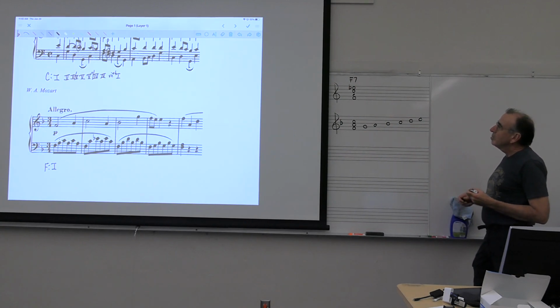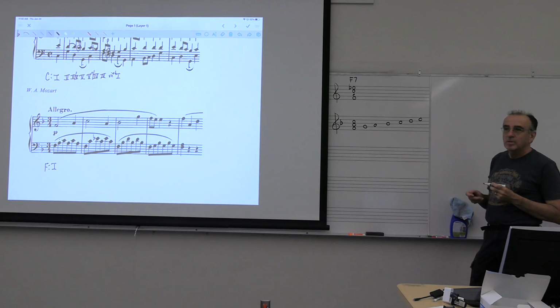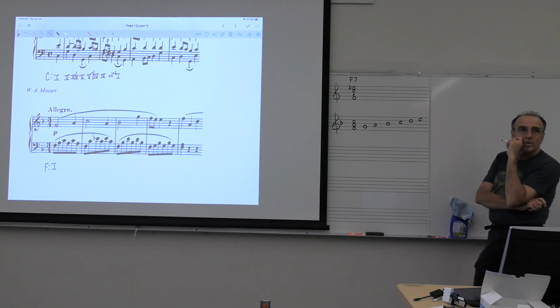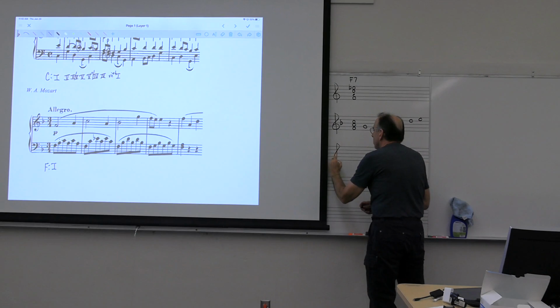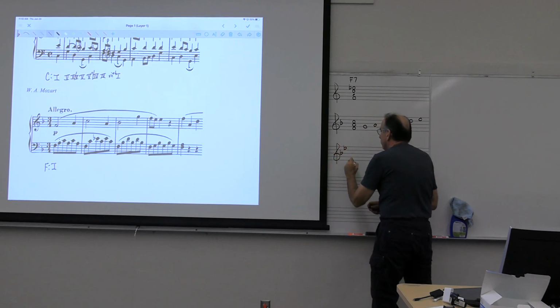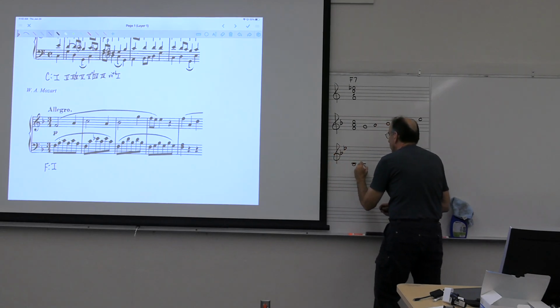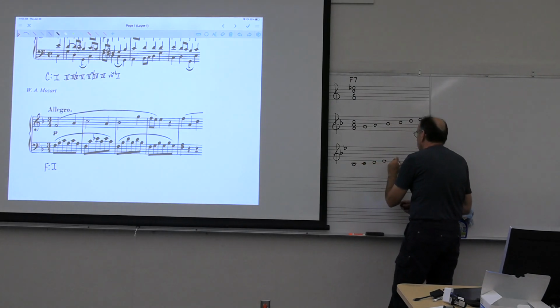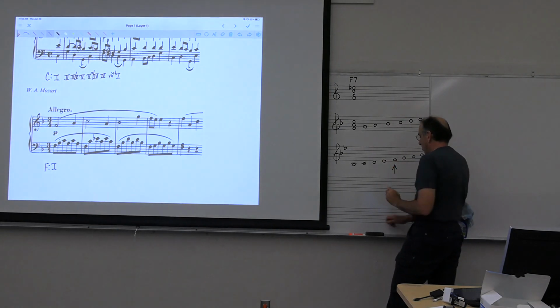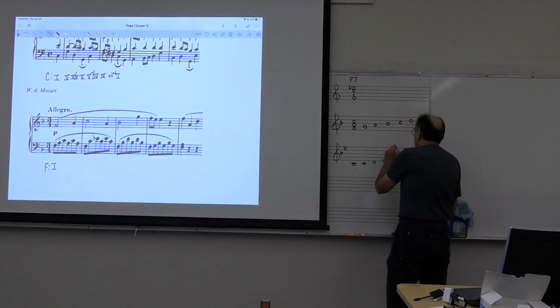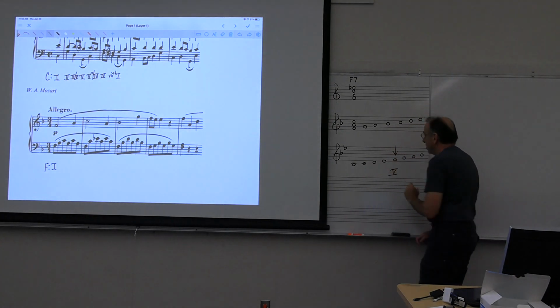We could go through the whole process, but what is the F the dominant of? Same question. B flat, yeah. Let's say B flat there, just to be consistent. So if we think of the key of B flat and write that out, F is the dominant.